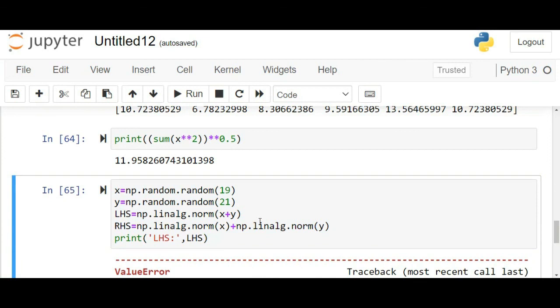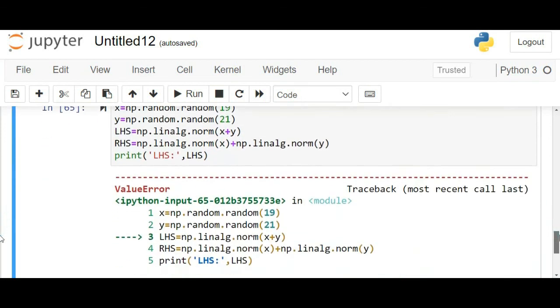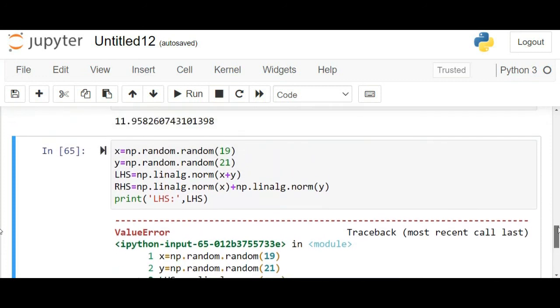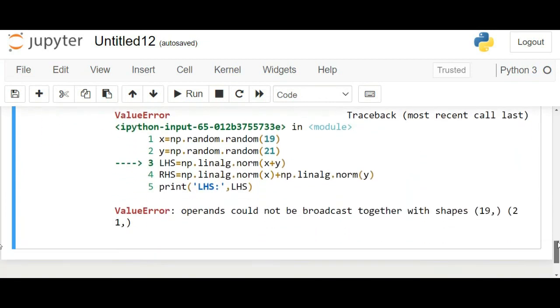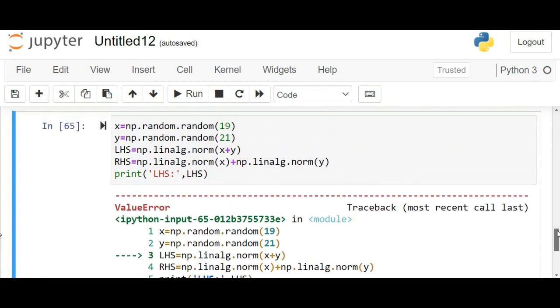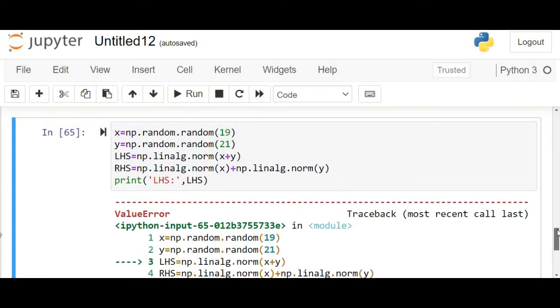Yes, again, so this is a very careful game. It is very simple. So let me check where the error is. Operands could not be broadcast together with shapes 19 comma and 2 comma 1.